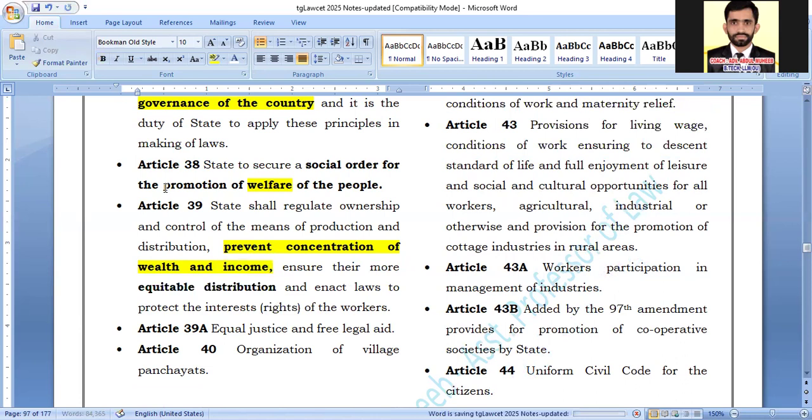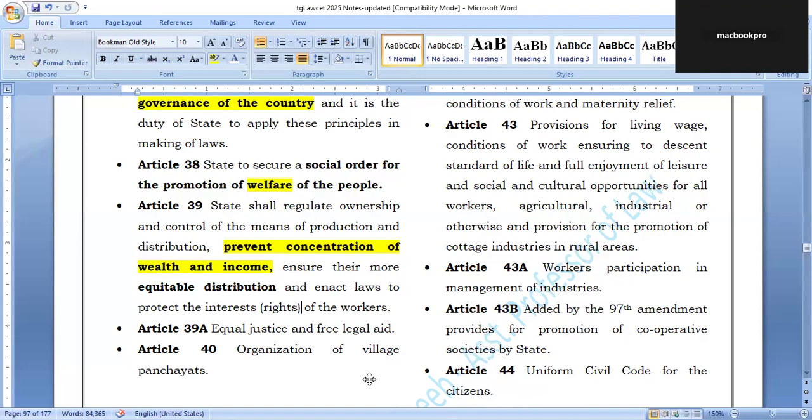To remember Article 39, the words to remember are: prevent concentration of wealth and income.